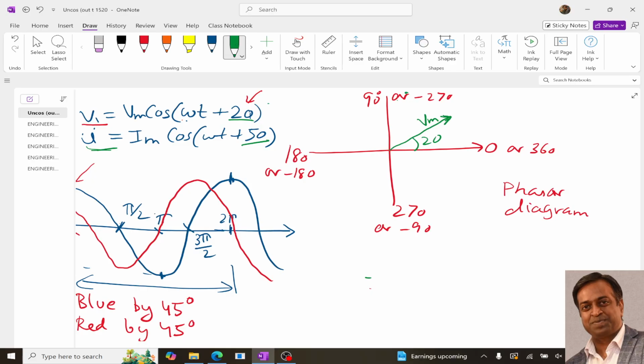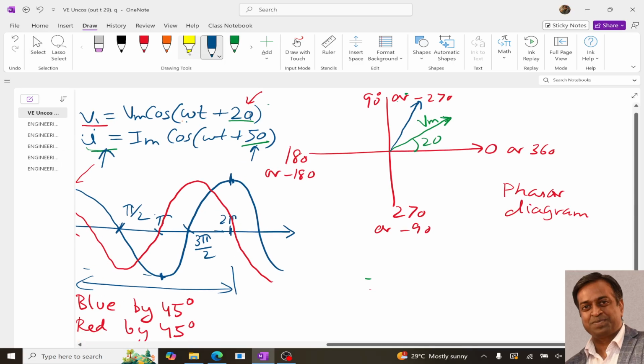Now similar to this, we are going to do it for the I. So for the I, the phase angle is 50, so we are going to draw the phasor for I. The length of this vector will be Im, and this angle is 50, right?